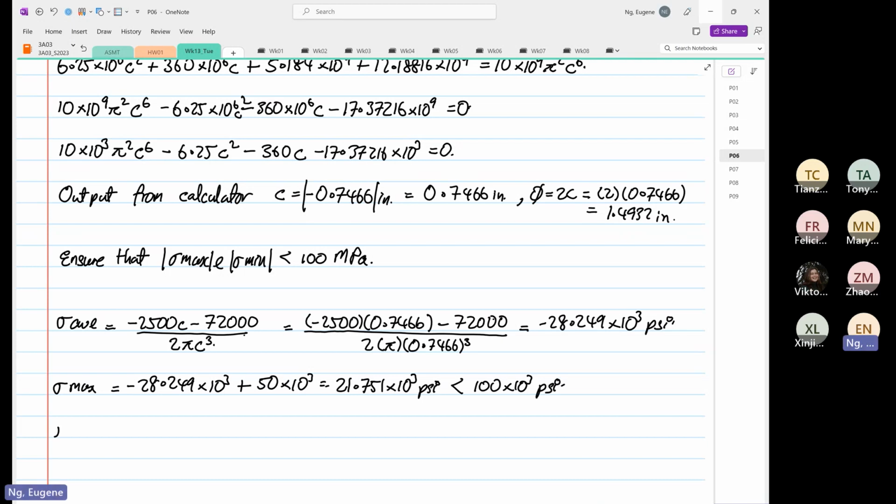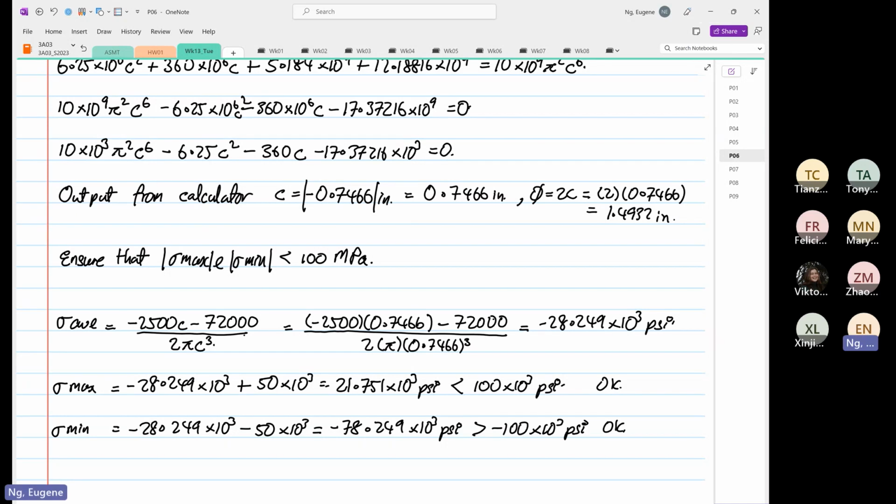And then the stress min is equal to minus 28.249 times 10 to the power 3 minus 50 times 10 to the power 3. So 28.249 plus 50 is equal to negative 78.249 times 10 to the power 3 psi, which is greater than minus 100 times 10 to the power 3 psi. So both are okay.